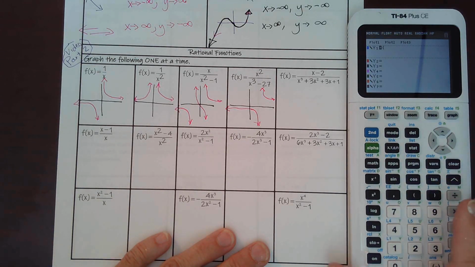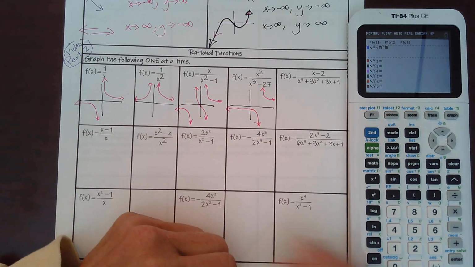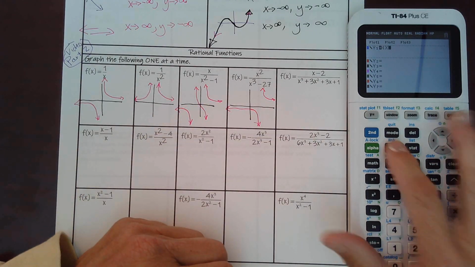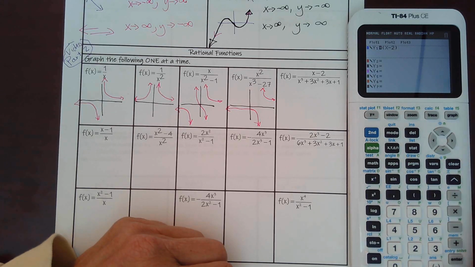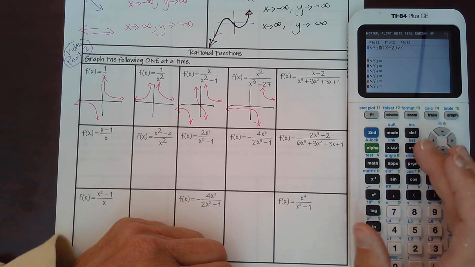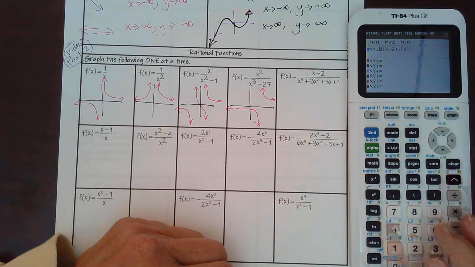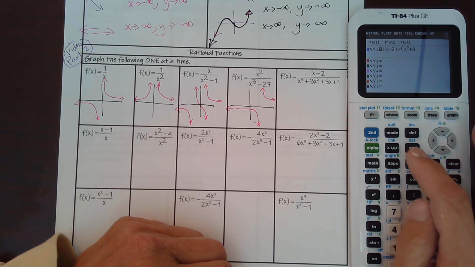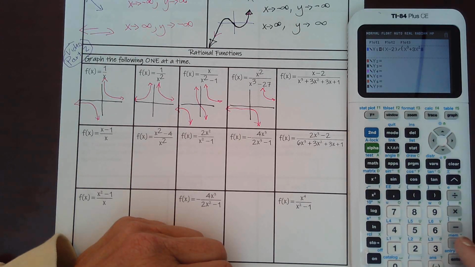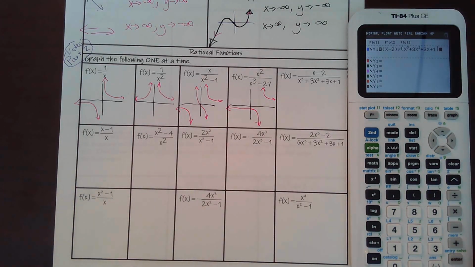And then lastly, let's go in and take a look at, we have to open the numerator with parentheses and then x minus 2, close the numerator. I need to divide, and I'm going to open x raised to the third power, get out of the third power, plus 3x squared, plus 3x, plus 1. Close the denominator. And I will graph.